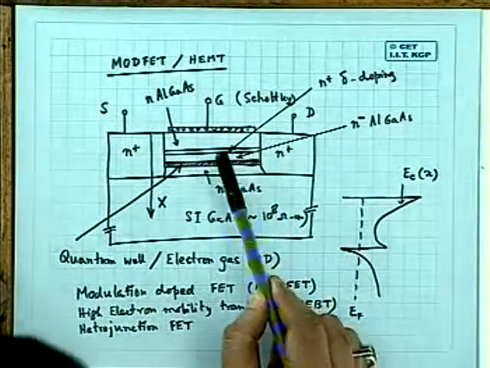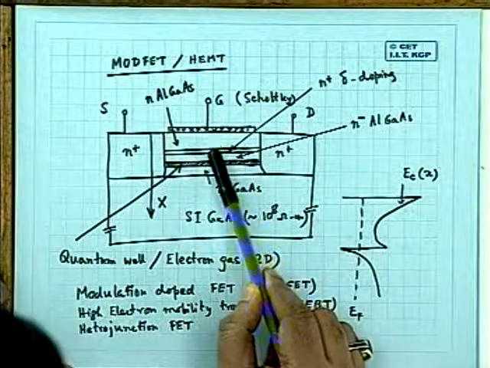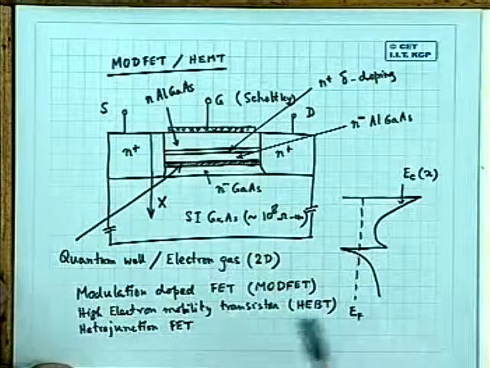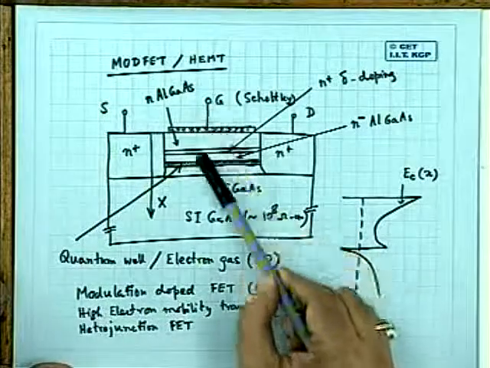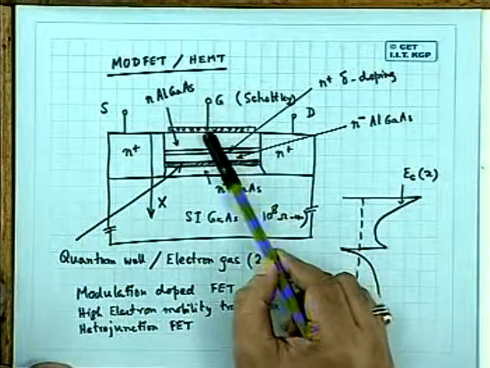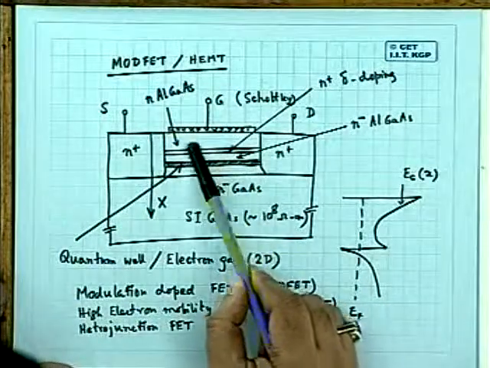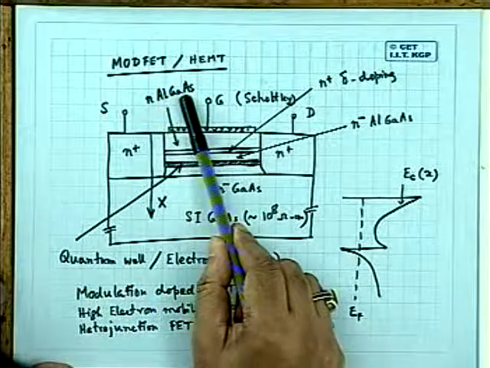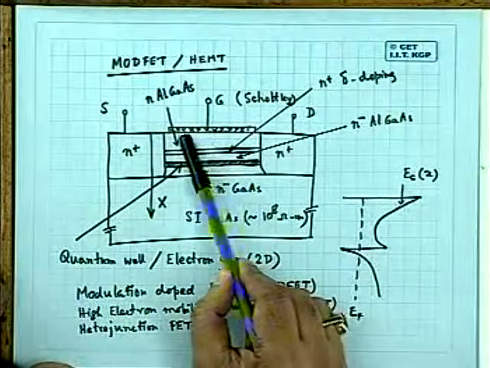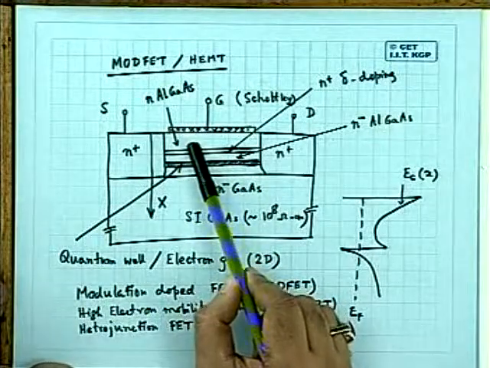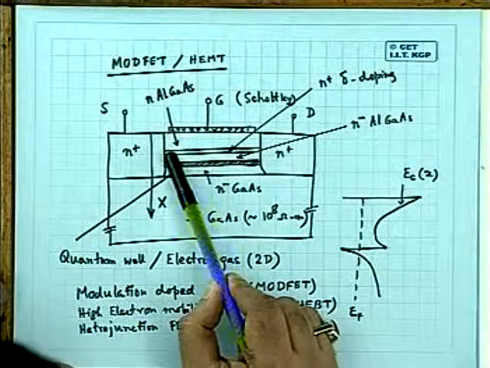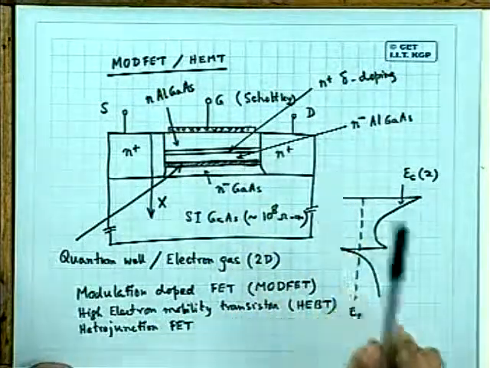However, if it is very low doped for the entire thickness, then the resistance from the gate will be very high. So what is done normally is that you may have an N aluminum gallium arsenide on the top, not very low doped, but medium doped. Then we have what is called a delta doped kind of process.